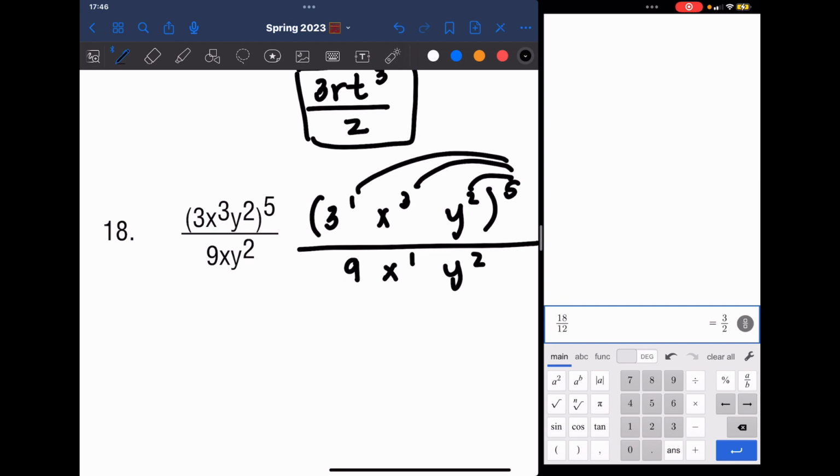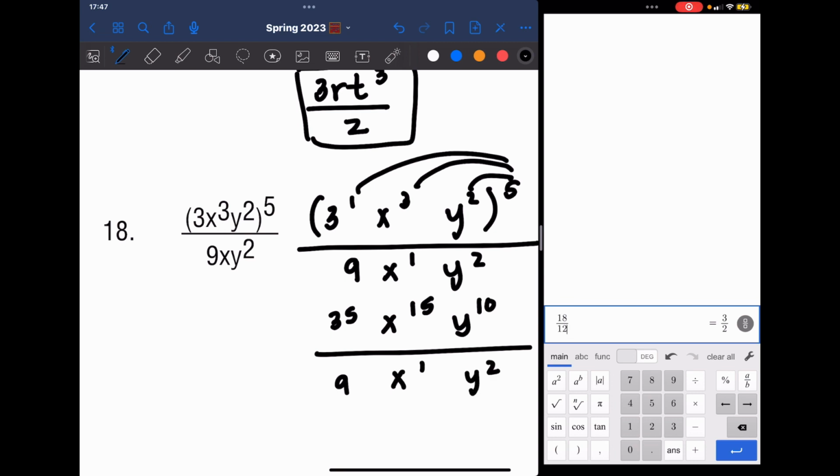So working the numerator first, and then doing everything. Every new line of this is going to be a new equation. So I have 3 to the 5th, x to the 15th, y to the 10th, all of that over 9, x to the 1st, y to the 2nd.